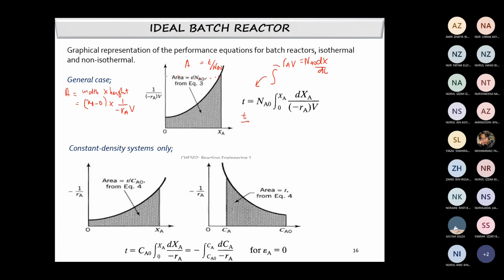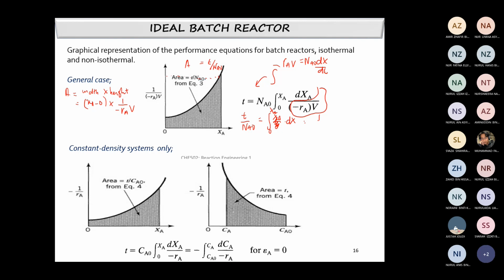So T over FA0, okay, bawakan dia ke bawah, is integral of FA0 dx, okay. V dengan RA ni kita boleh bawakan keluar lah sebab kita nak differentiate between X je.